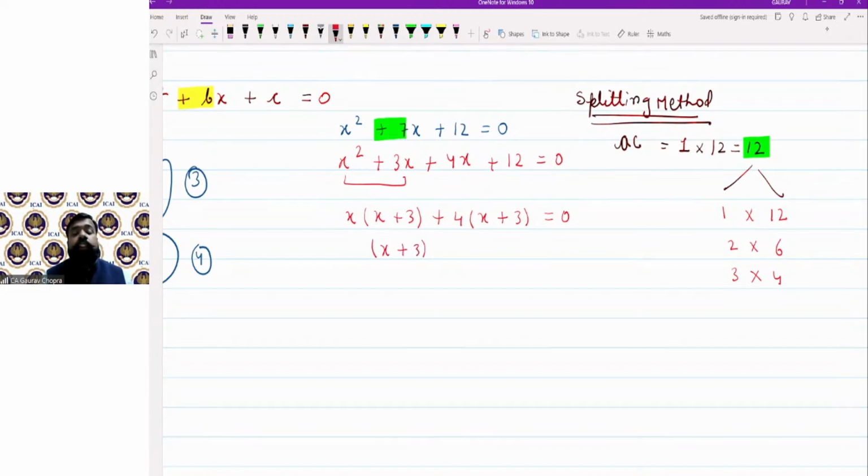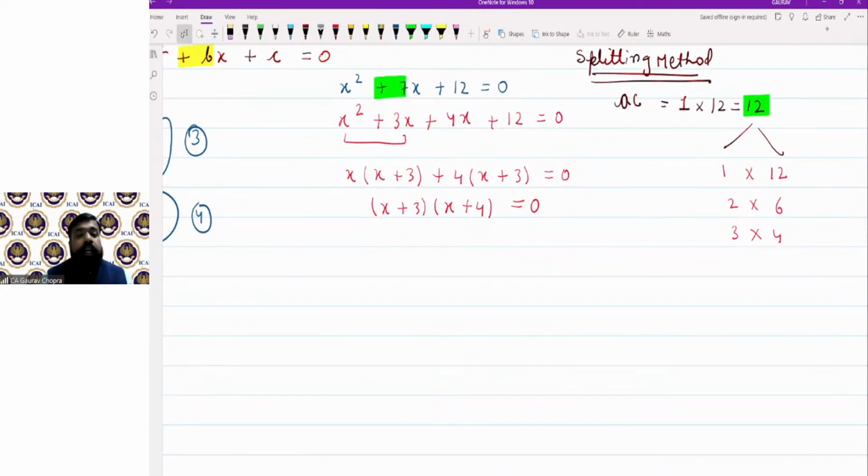इस पूरे में देखा जाए तो x plus 3 common है, तो what is left? पीछे क्या बच जाएगा? x plus 4. So x plus 3 multiplied by x plus 4 is equal to 0. Now next step क्या है? Now one by one equate them with 0.